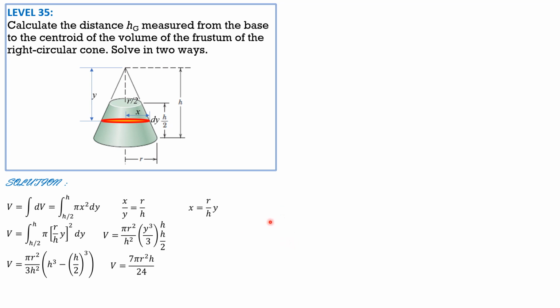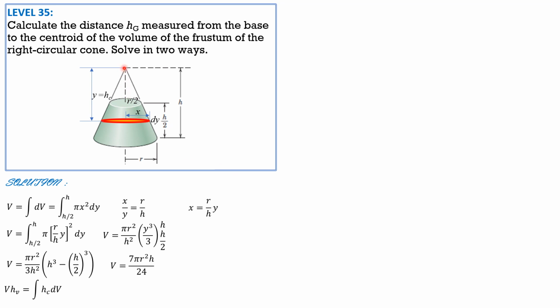Then h sub v first, because the location of the centroid is to be from the base also. So let's solve for h sub v first, from the vertex, which in this case, y sub c is just y also. So volume times h sub v equals integral of h sub c dv, where h sub c is just y, because y is y sub c.